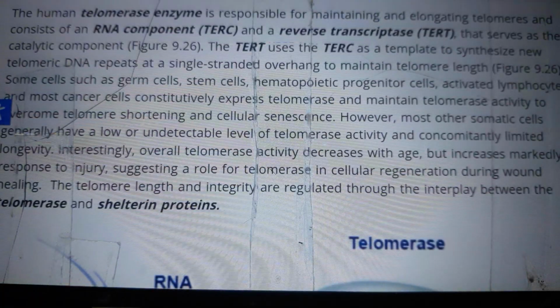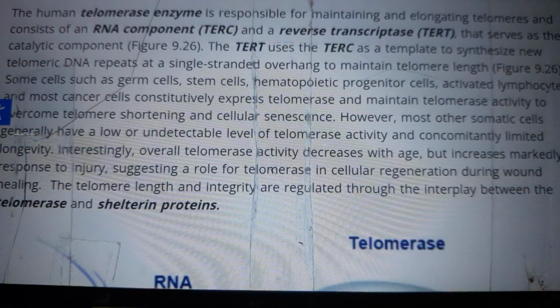Now the human telomerase enzyme is responsible for maintaining and elongating telomeres and consists of the RNA component TERC and the reverse transcriptase TERT that serves as the catalytic component. The TERT uses the TERC as a template to synthesize new telomeric DNA repeats at a single-stranded overhang to maintain telomere length.